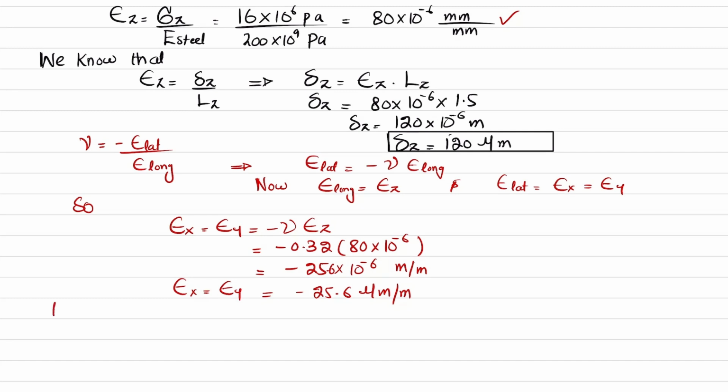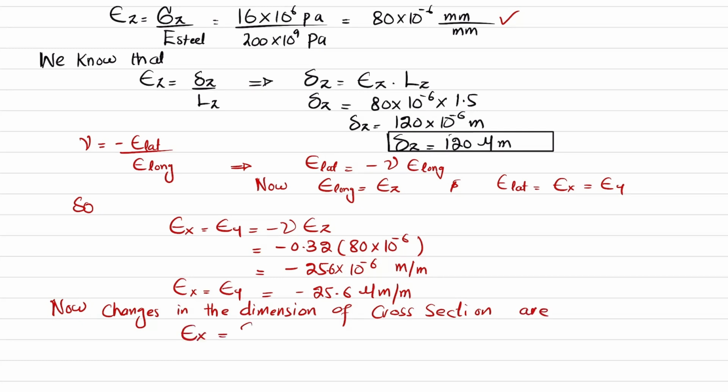Now for finding changes in the dimension of cross section, we know that this epsilon X is equal to change in length in X direction divided by original length of this X. So this change in length of X will be equal to epsilon X into Lx.